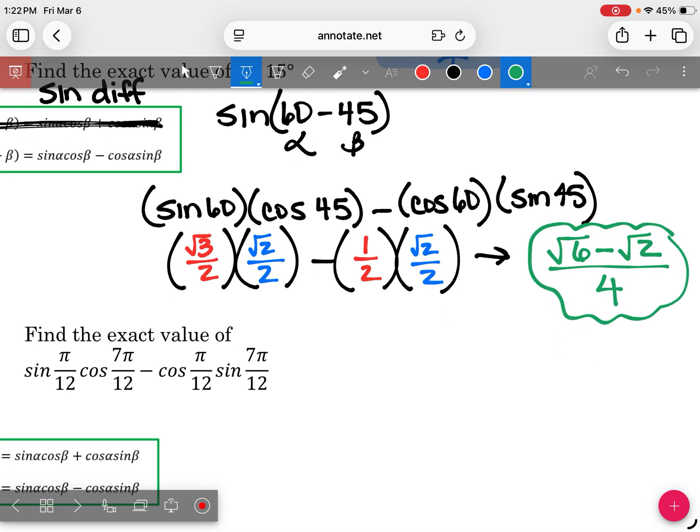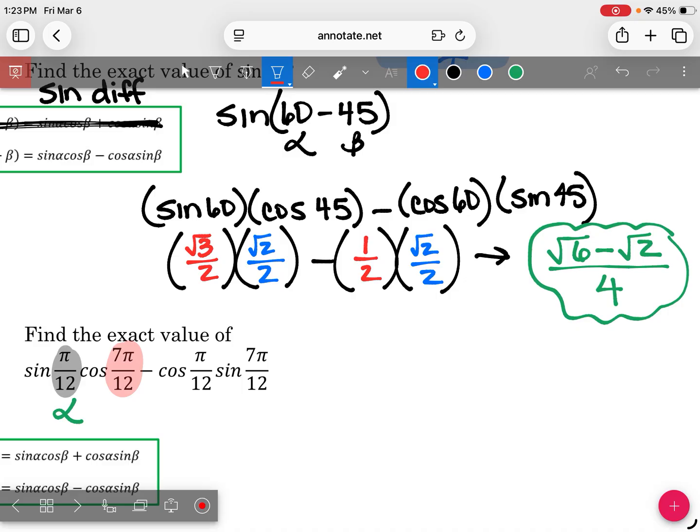You got it? All right. So the first number or the first angle is always alpha. So alpha is pi over 12. And beta is 7 pi over 12.